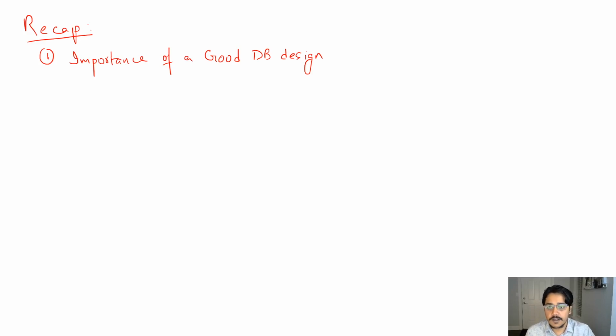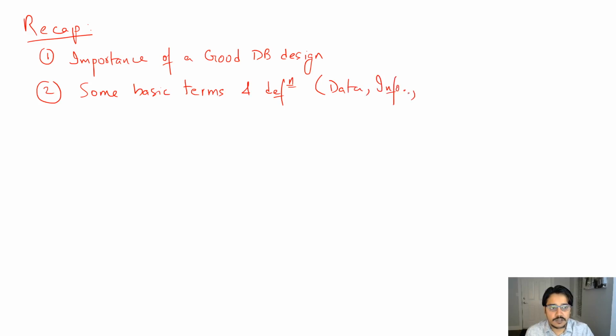Thereafter, we had also talked about some basic terms and definitions. We had discussed what we understand by data, what we understand by information, and what we understand by knowledge.